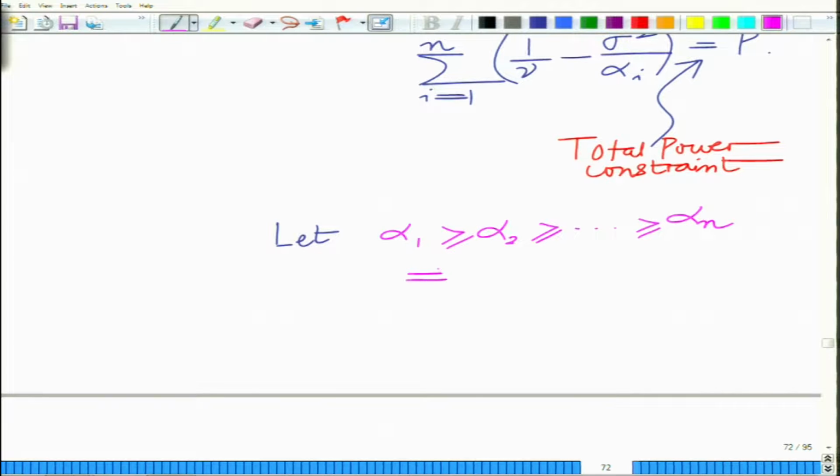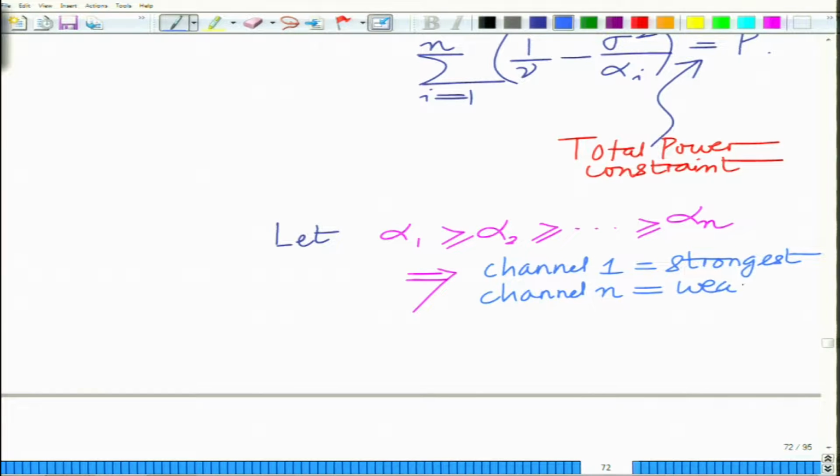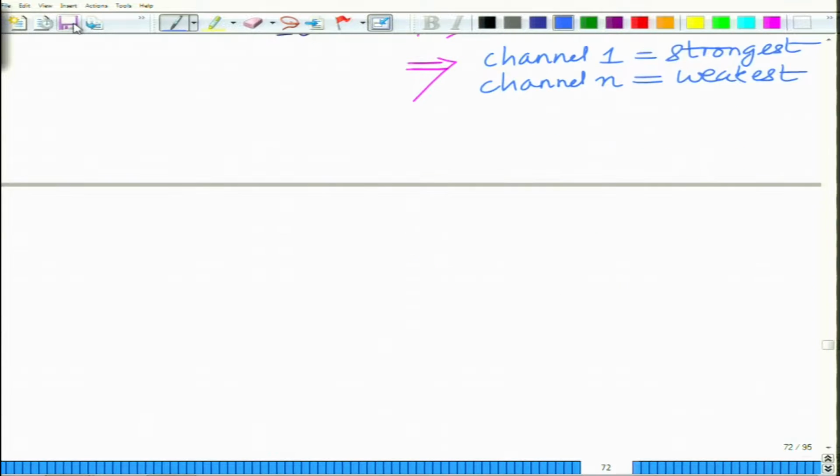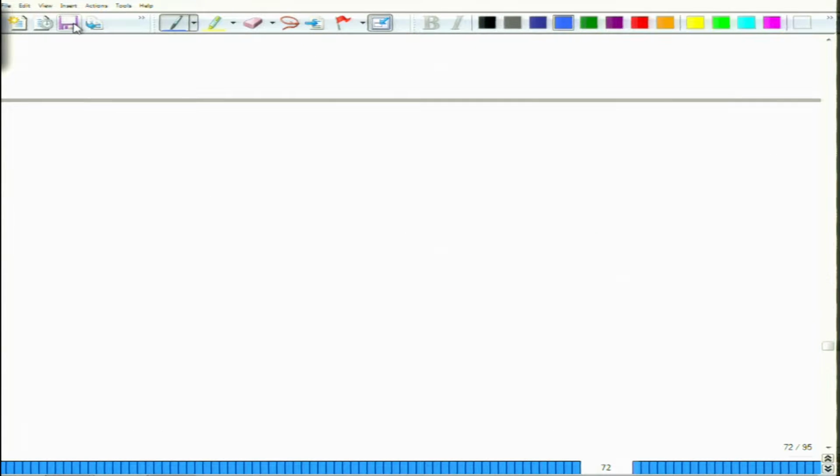This implies that channel 1 has the strongest, highest gain, and communication channel n equals the weakest.